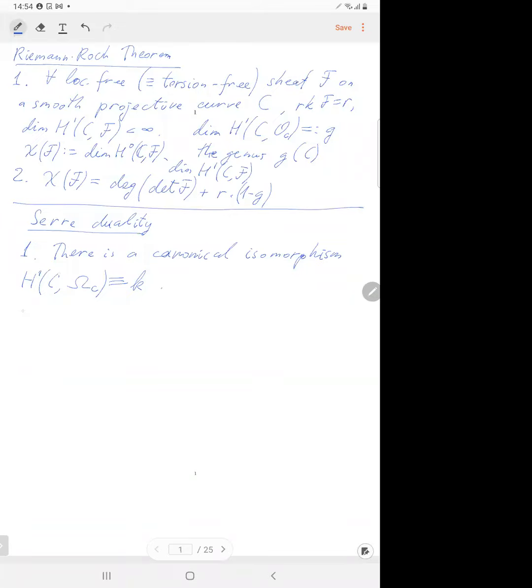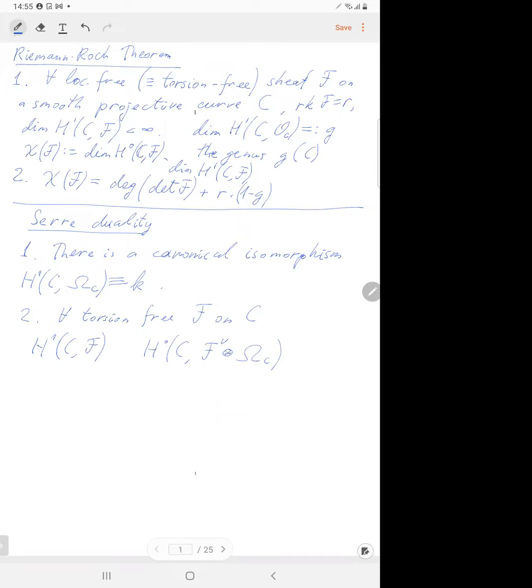Okay, and now again, for any torsion-free sheaf F on our curve, we can take the first cohomology of our curve with coefficients in F. And also we can take the zeroth cohomology of our curve with coefficients in F dual tensor omega C. Okay?